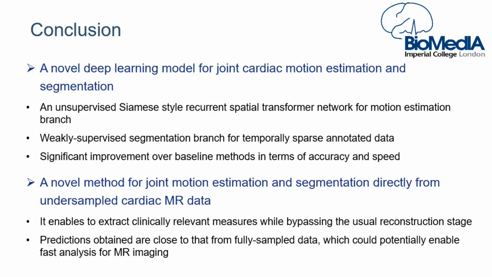In addition, we extend this method to predict these two problems directly from the undersampled cardiac MR data. It is able to extract clinically relevant parameters directly from undersampled data while bypassing the usual image reconstruction stage. The predictions obtained are also very close to those from the fully sampled data, which, as I said, could potentially enable fast analysis for MR imaging. That's it. Thank you.